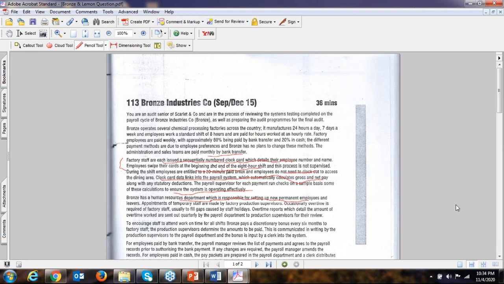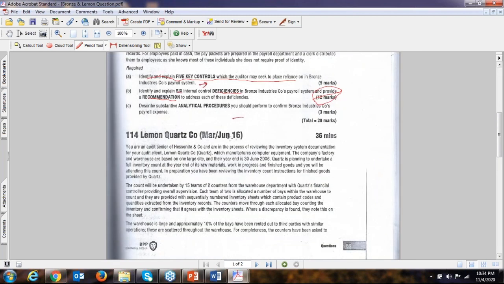Now we are going to read the second part, that is, identify and explain six internal control deficiencies with a recommendation. So now we are going to identify the deficiencies. This is a very good question because in part A we have to mention the key controls.